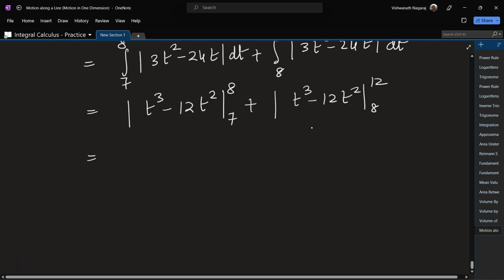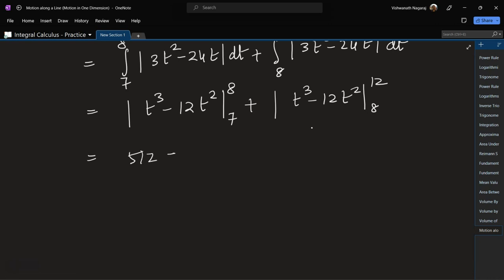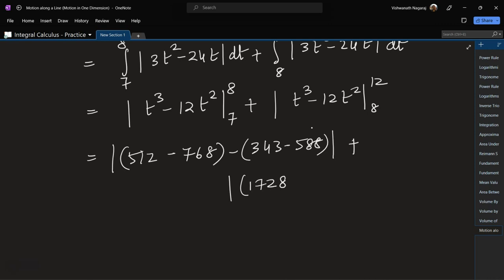Okay, so this will be 8 cube is 512 minus 768, minus now substitute 7, we get 343 minus 588, absolute value, plus again, so 12 12 12 is 1728.